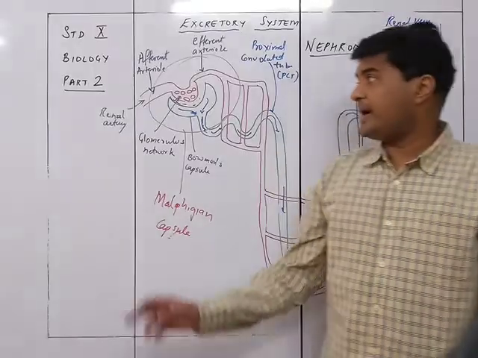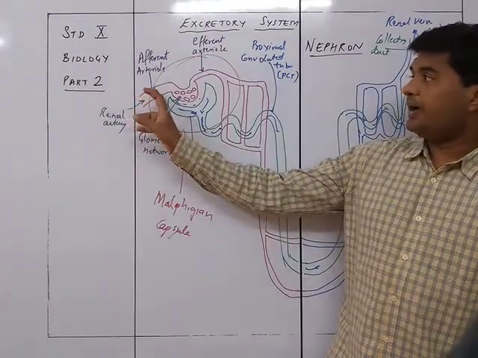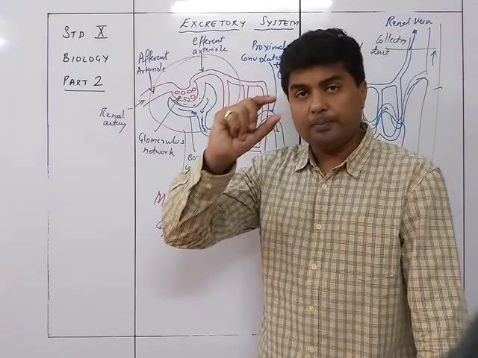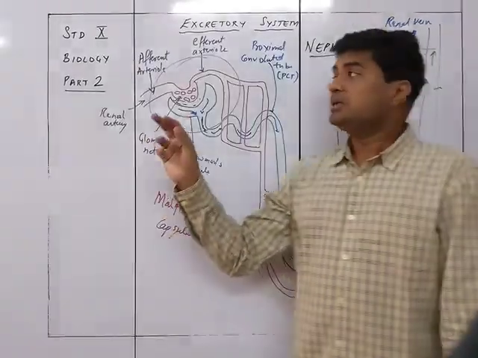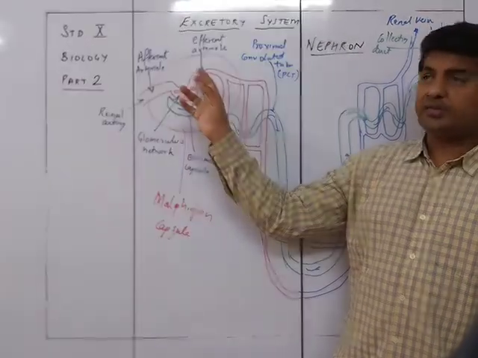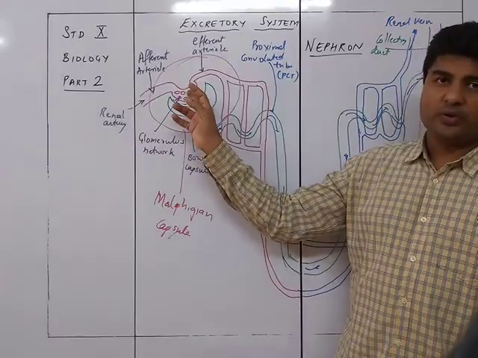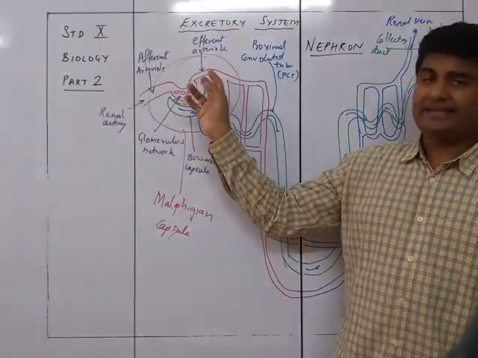So I told you that this particular afferent arteriole is broader, whereas the efferent arteriole, which is coming after the capillaries, the glomerulus over here, is narrower.